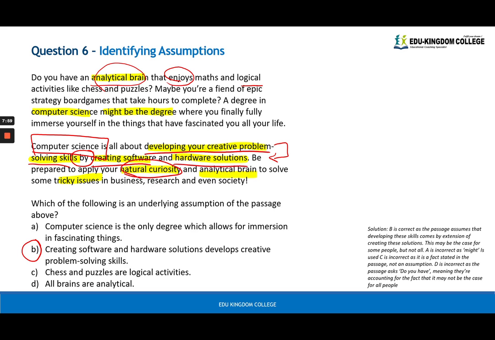Developing these skills might come by an extension of creating the solutions, and it might be a case for some people, but not every single person. So we can't say everyone should do computer science because you will definitely develop creative problem-solving. We don't know that. That's why B is the answer. And again, you can read through the solutions to see why the other ones aren't correct.